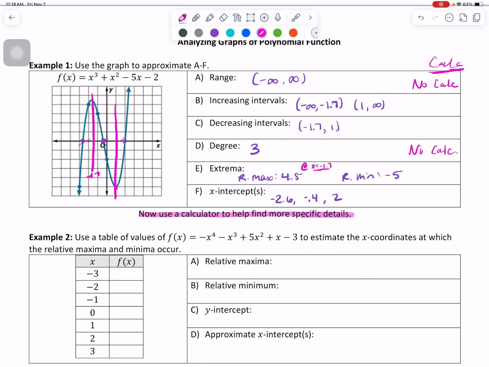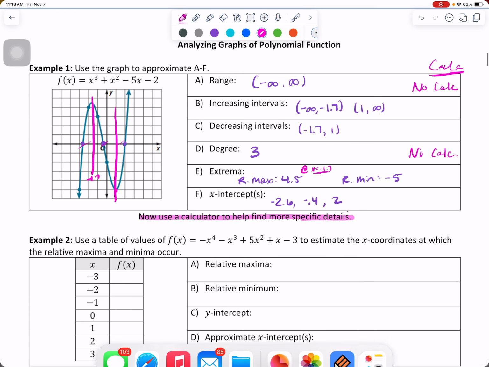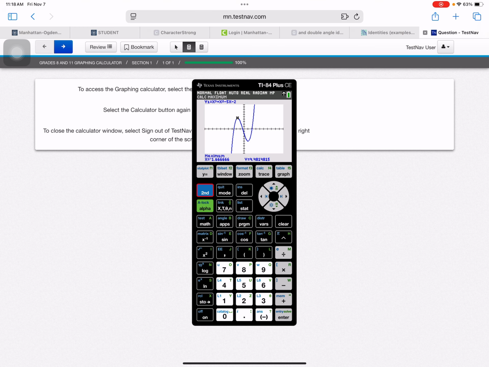So let's find the min. I'm going to go second calc. Number 3 is minimum. I'll push enter and then scroll to the left or the right side of the valley, and I'm just going to push enter for guess. All right, so this tells you that it's the min when x is 1 and y is negative 5.